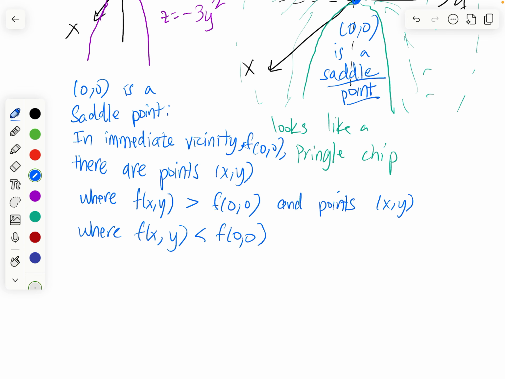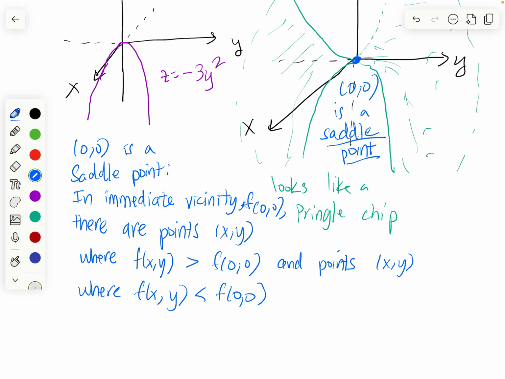So this point 0, 0 is in some sense a critical point. It's a special point, but it's a saddle point. It's neither a maximum nor a minimum.